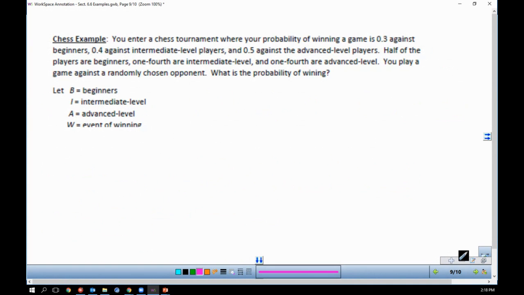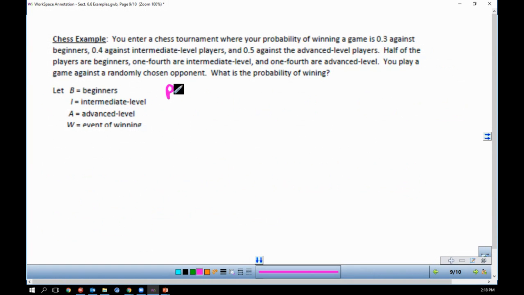Okay, so let's look at this chess example. You enter a chess tournament where your probability of winning a game is 0.5 against beginners. Wait, no, 0.3. I can't read.